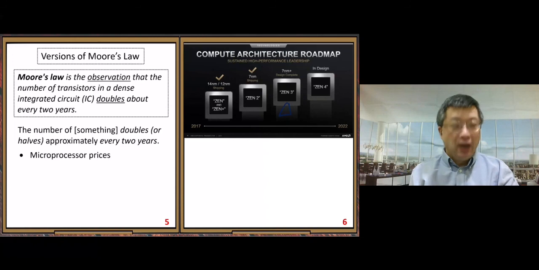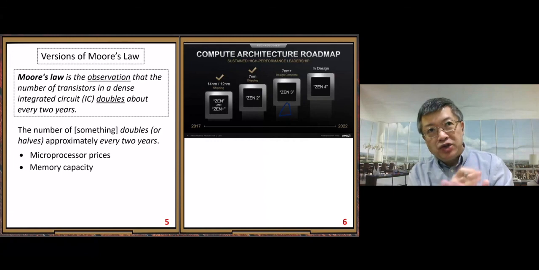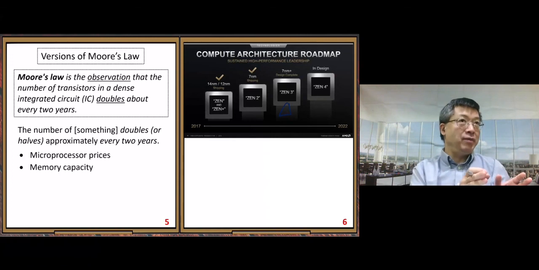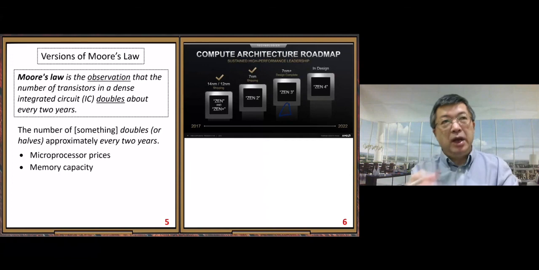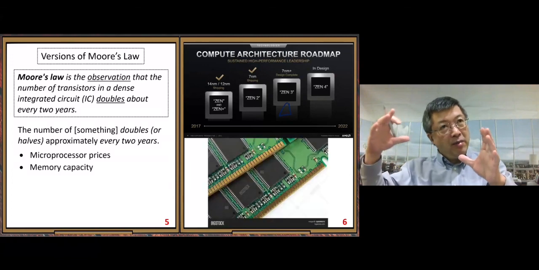But memory capacity doubles. On the same unit area, the number of transistors in memory doubles every 2 years. So this is the memory chip.